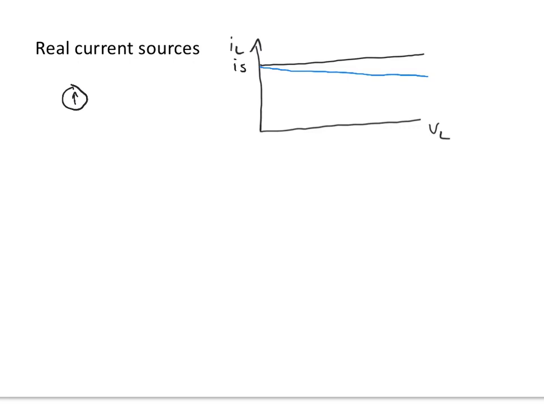So like before, this is the curve for an ideal current source. And this is the curve for a real current source.